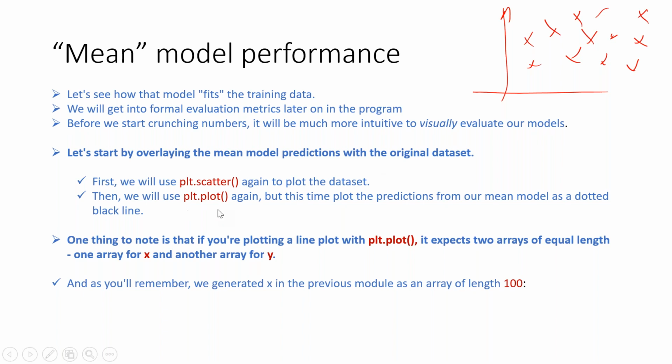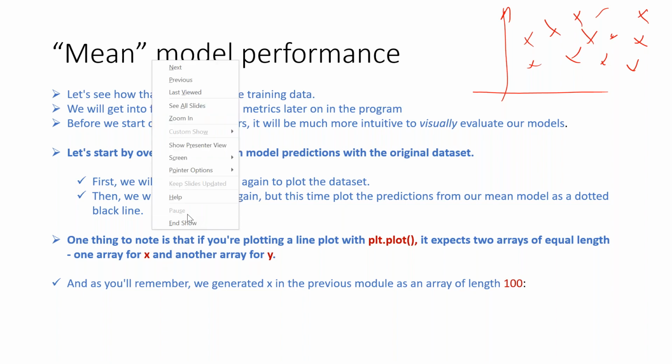Then we will use plt.plot again, but this time plot the predictions from our mean model as a dotted black line. So I want to use plt.plot, pass my x as x, but y should be 100 values of pred, and I want to plot a black line.